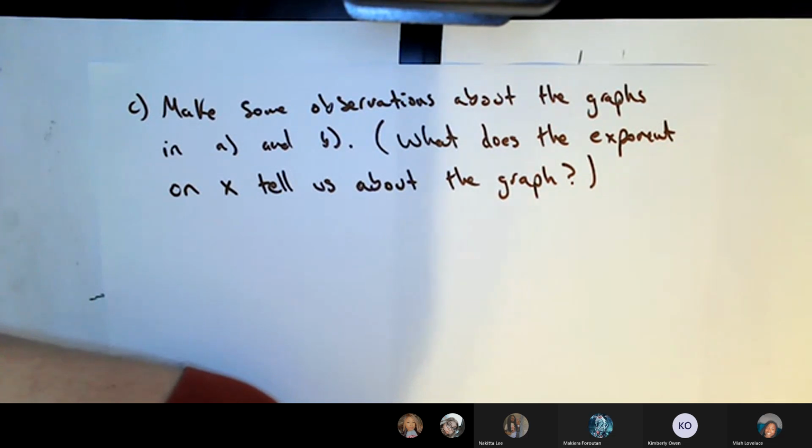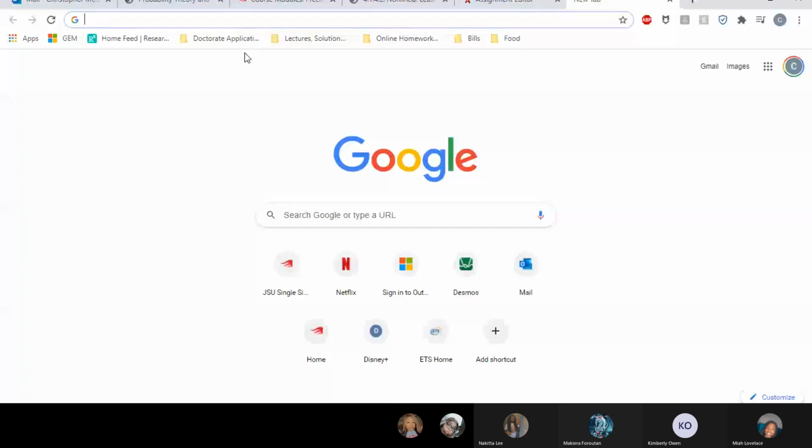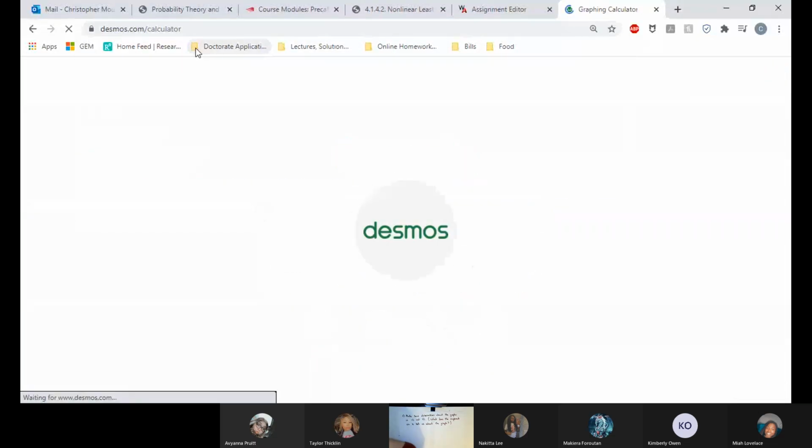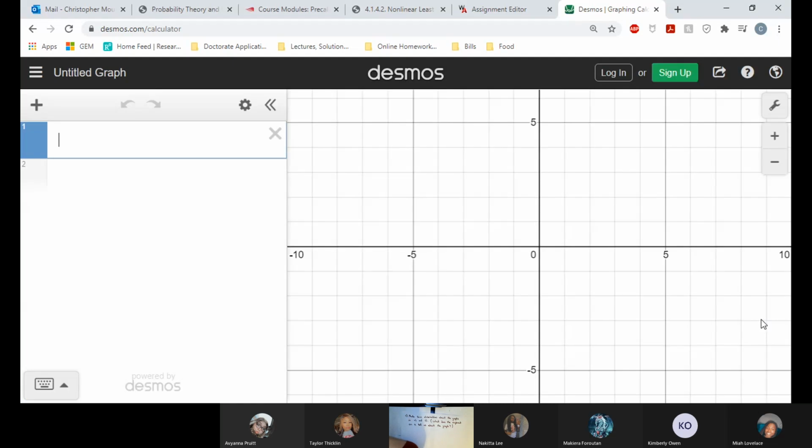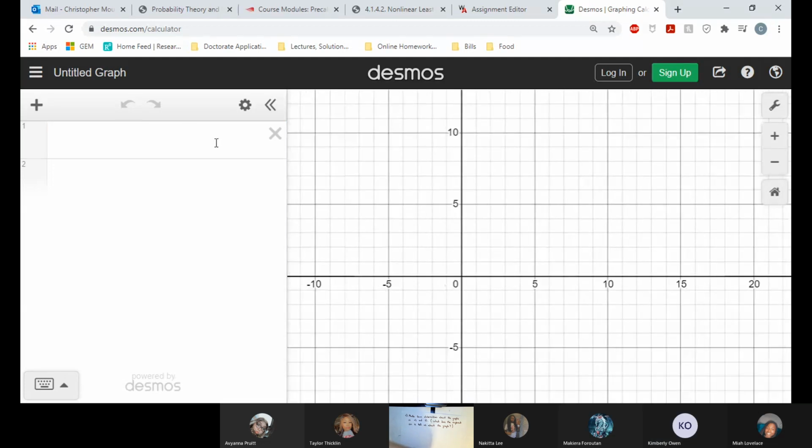I think I shared the wrong window. There we go. All right. So Desmos. Okay, can you guys see this graphing calculator window? Yes. Okay, thank you. Okay, so here it is. Let me zoom out a bit. Whoa, not that much. There we go.